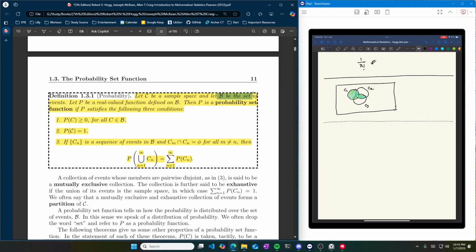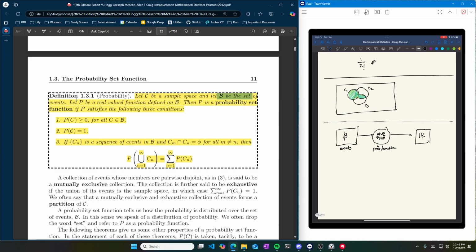Let B be the set of events, and P is the function. This is the probability function, and it outputs a value which is in real numbers.